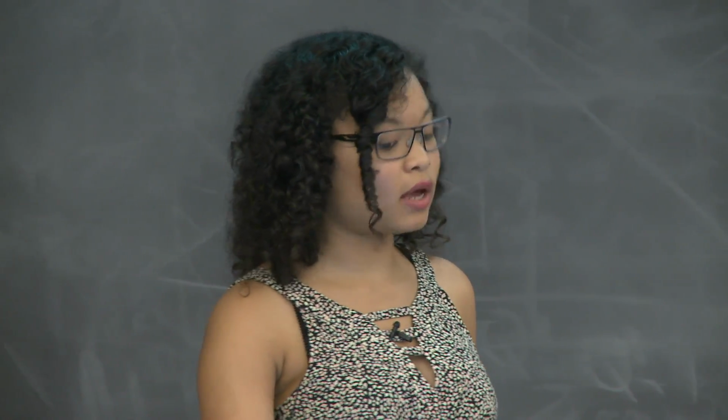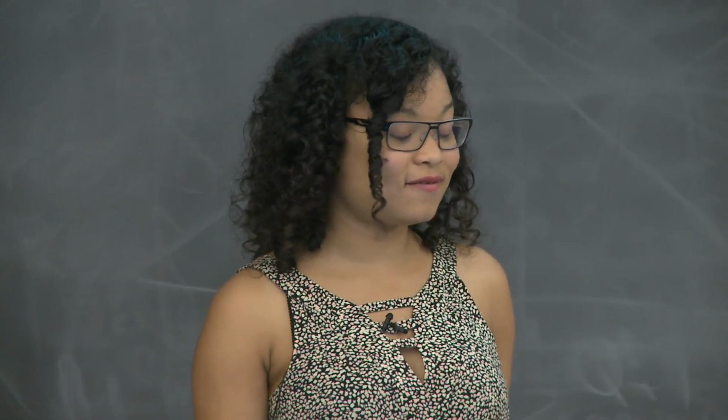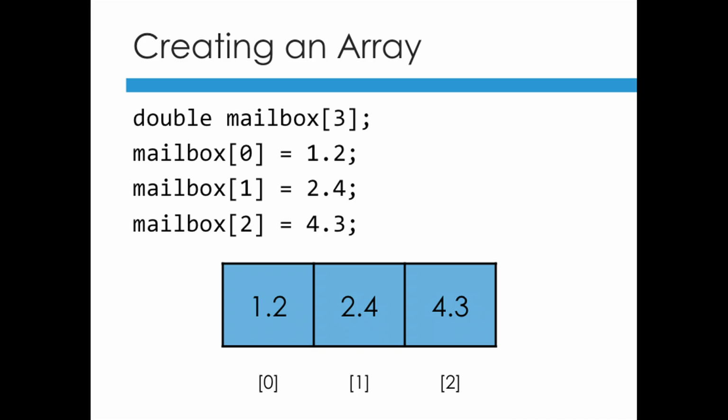All right, so to create an array, you would do something like this. Say you wanted a double array, and this goes for any data type. Say you want to call it mailbox. Just like you would initialize any other double, you would say double and then the name, but this time we put square brackets, and the number there will be the length of the array.